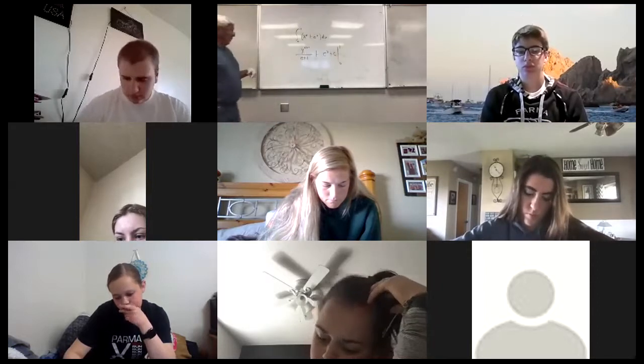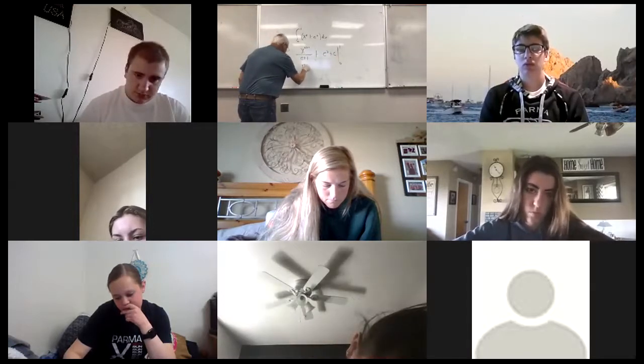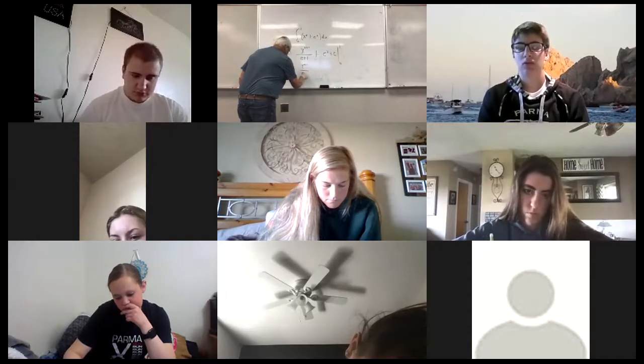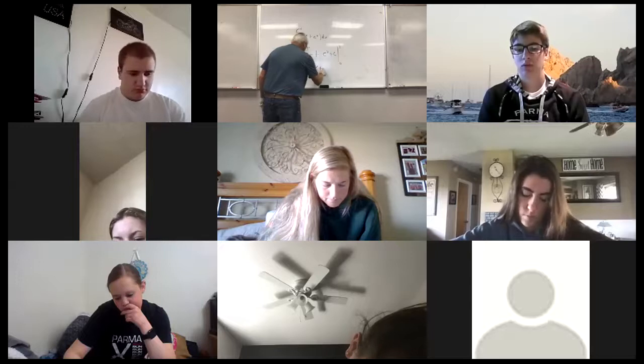So if you put in the number 1 for x, you're going to have 1 to the e plus 1 power over e plus 1, plus e to the first, plus c.